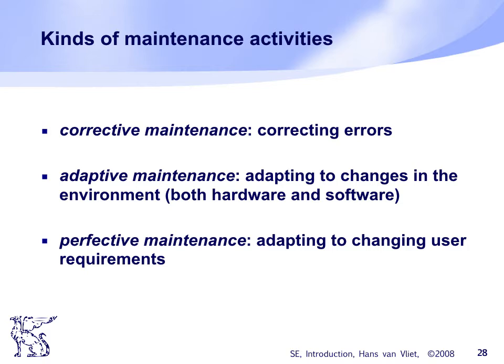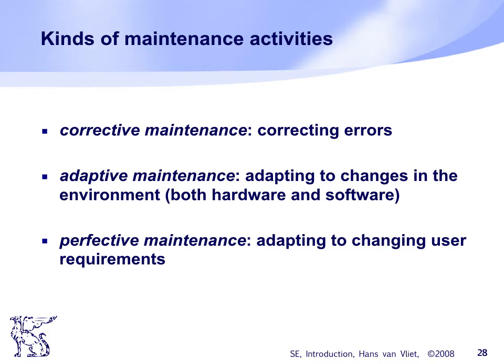It doesn't take that much cost, so that's why they did not mention it here, but there are actually four maintenance activities. Corrective maintenance is the repair of actual errors, and only this category may rightfully be termed maintenance.